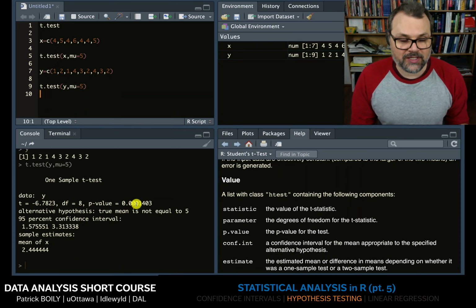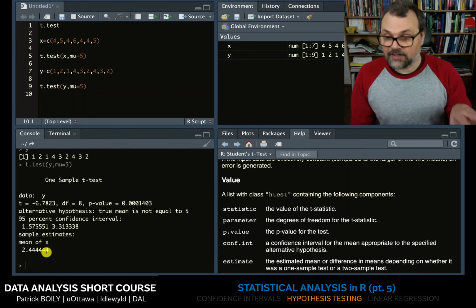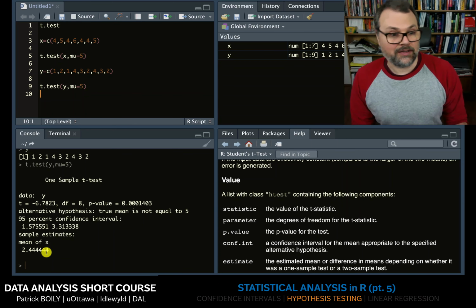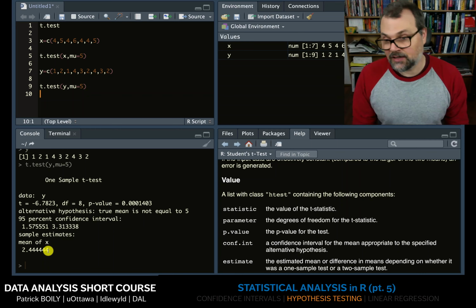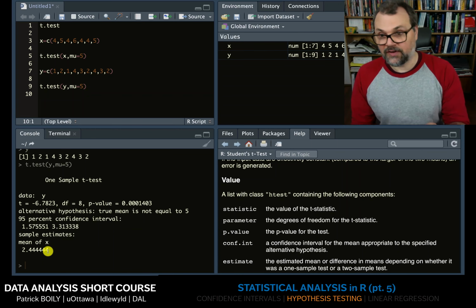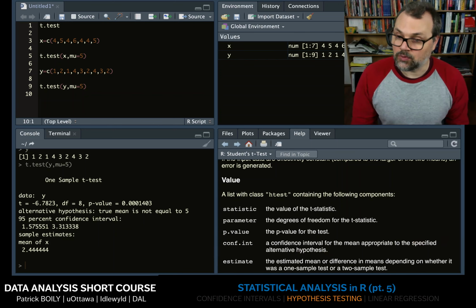The p-value is excessively small, and so the alternative hypothesis that the true mean is not equal to 5 is accepted here because the 95% confidence interval does not contain the value 5. The p-value is small. The sample estimate is 2.444. This t-test, and it's a t-test because we don't know the underlying standard deviation, suggests that there's very strong evidence in favor of the alternative hypothesis that mu was not equal to 5.